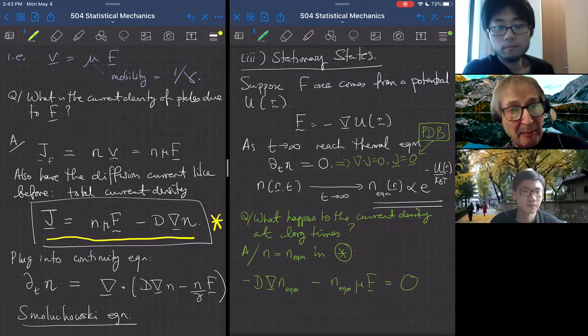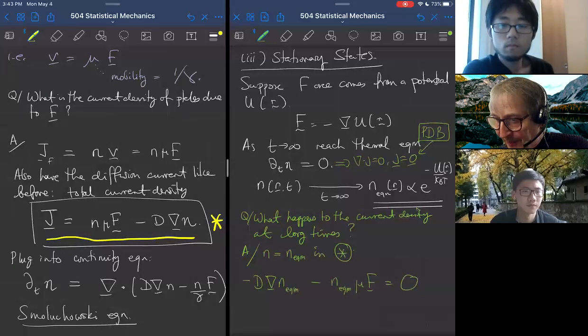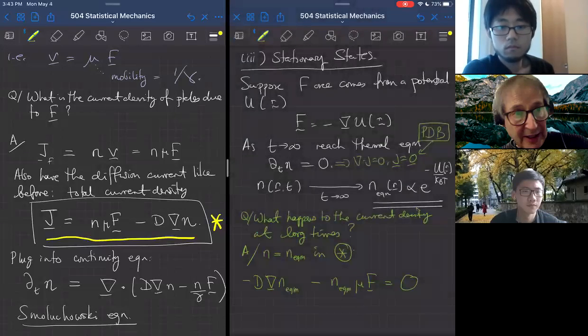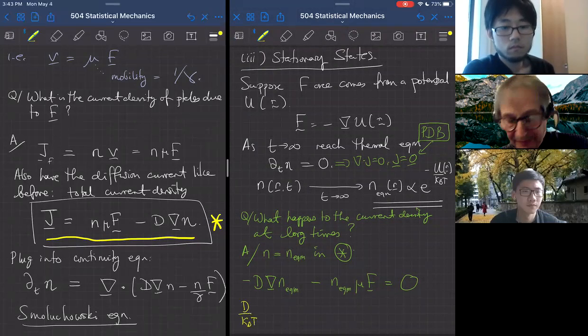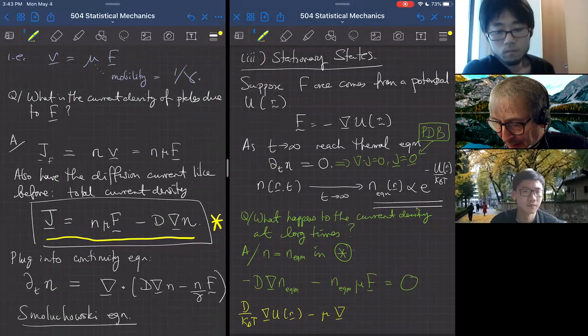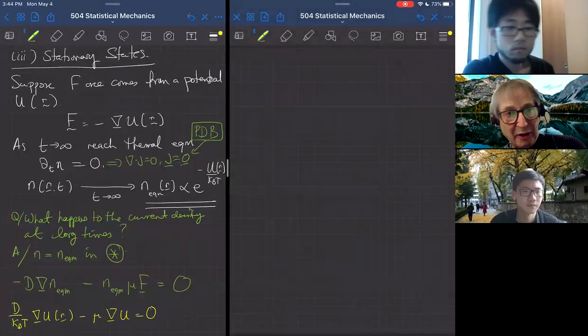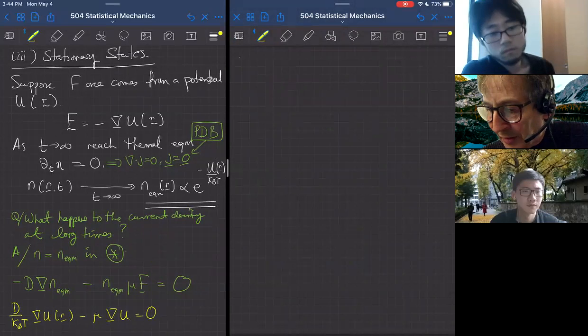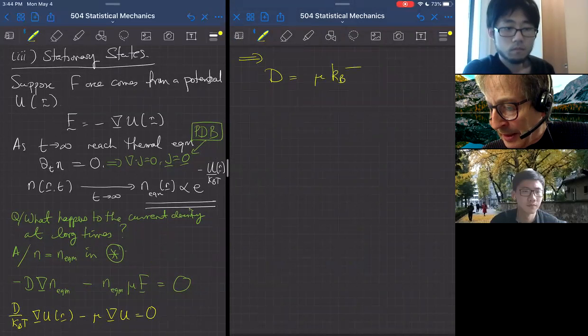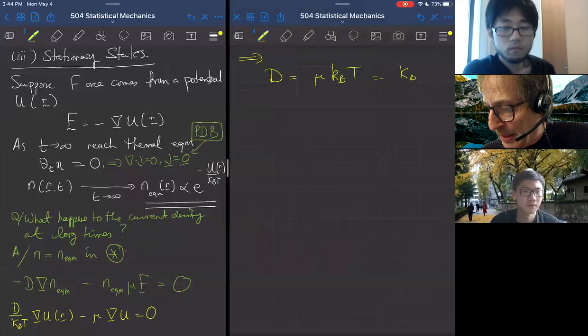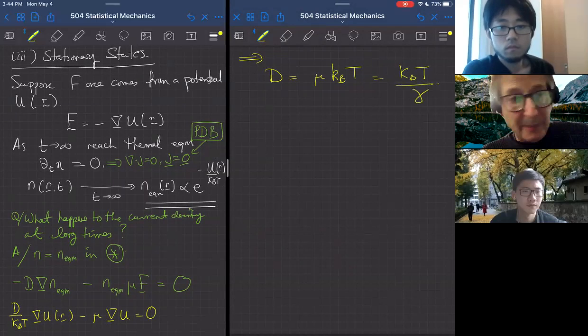So now when I plug this in, what I get is D over k_B T grad U of r minus mu grad U is equal to 0. And so the grad U's cancel. And so what I end up with is that D is equal to mu k_B T, or if you like, k_B T over gamma.